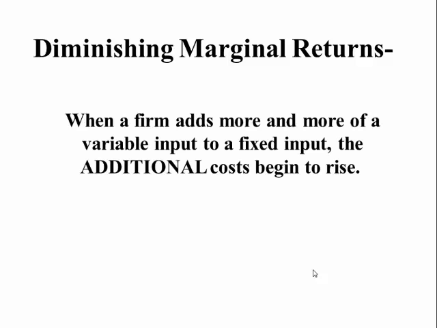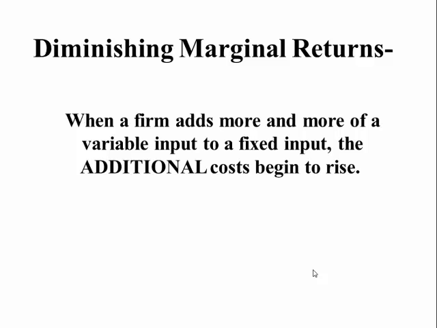We looked at the term diminishing marginal returns, and the previous definition that I gave you in a previous lecture was when a firm adds more and more of a variable input to a fixed input, the additional output begins to go down. But there's another definition for diminishing marginal returns. When a firm adds more and more of a variable input to a fixed input, the additional costs begin to rise.